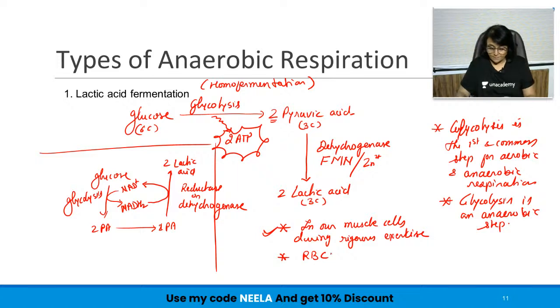So this is about lactic acid fermentation. So can we say that NADH2 is kind of trapped in the cycle and cannot be used anywhere else? Yes, we can say that, but this NADH2 which is formed is actually worth 3 ATPs.